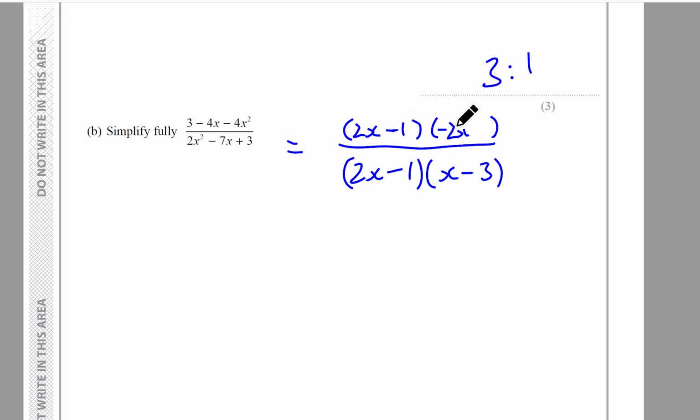Now we want a positive 3, so that's got to be minus 3 here. Let's see if this works. Minus 3 times 2x is going to give us minus 6x. Minus 1 times minus 1 works. And you could rewrite this like this if you want it neater: 2x minus 1.